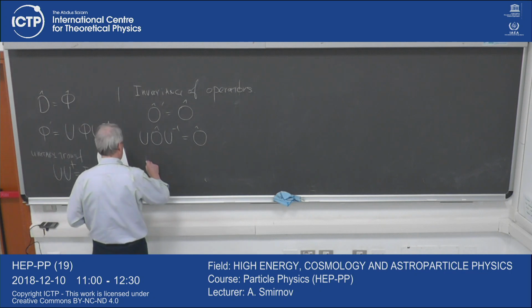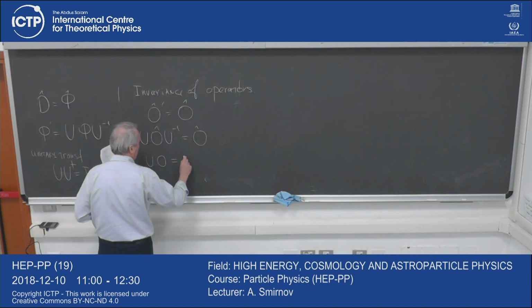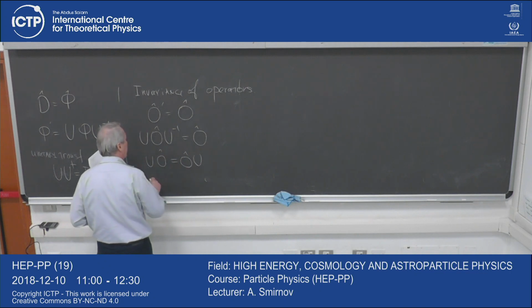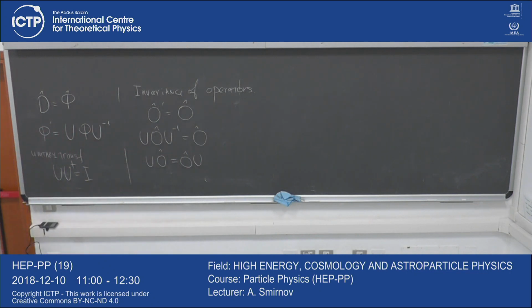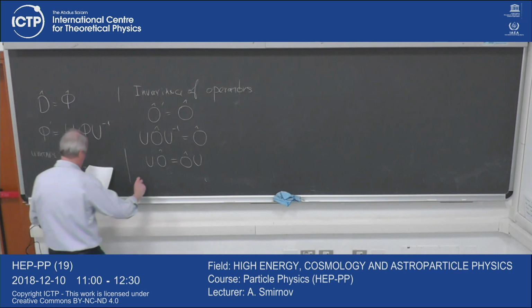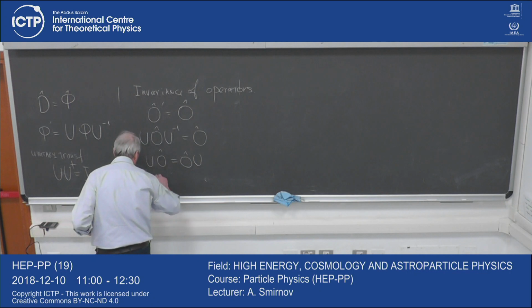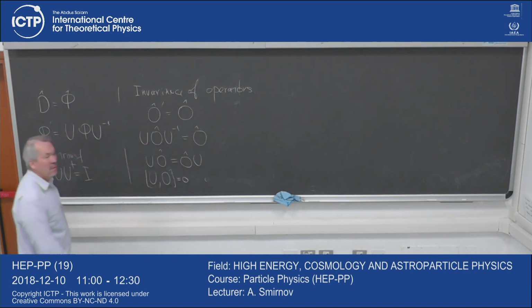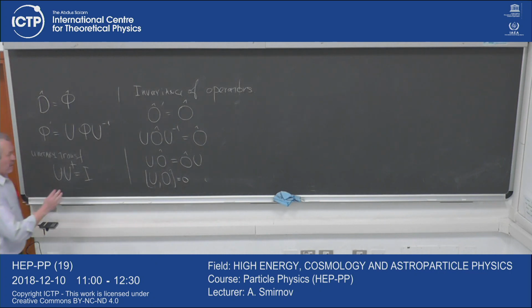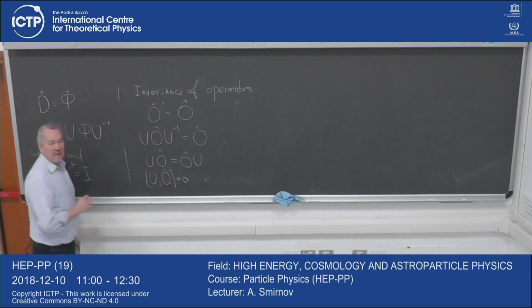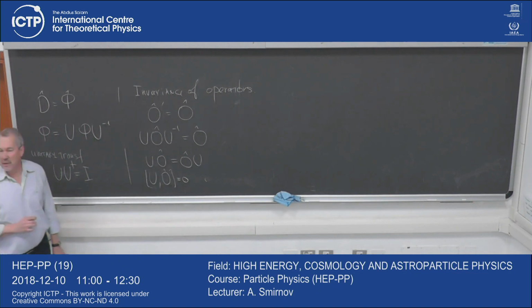Or this can be written as U O equals O U, which means that invariance means that we have commutation, that the operator commutes with the operator of transformation. So this is how invariance is expressed at quantum level: commutation of a given operator with the operator of transformation.